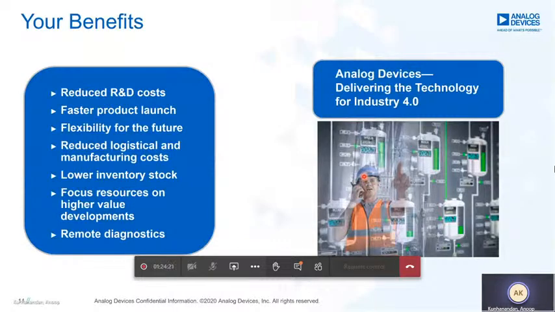Additionally, you will have a lot of flexibility for the future. As I mentioned in the building automation case, you can configure, reconfigure, and have better scalability as and when the system demands. So it meets your present and future needs in an elegant way.